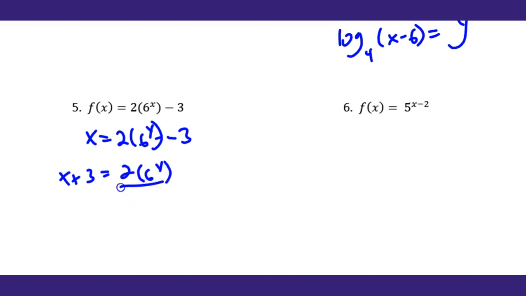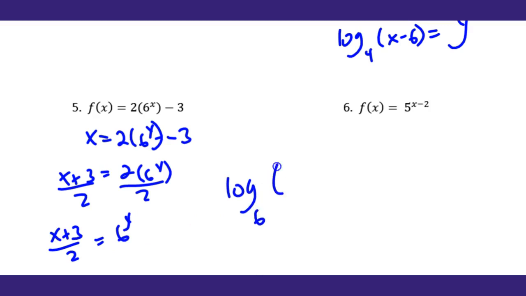Then divide by 2 on both sides. So you have x plus 3 divided by 2 equals 6 to the y. And then we would just need to write this as a log. So you have log base 6 of x plus 3 divided by 2 equals y. And that's our inverse for number 5.